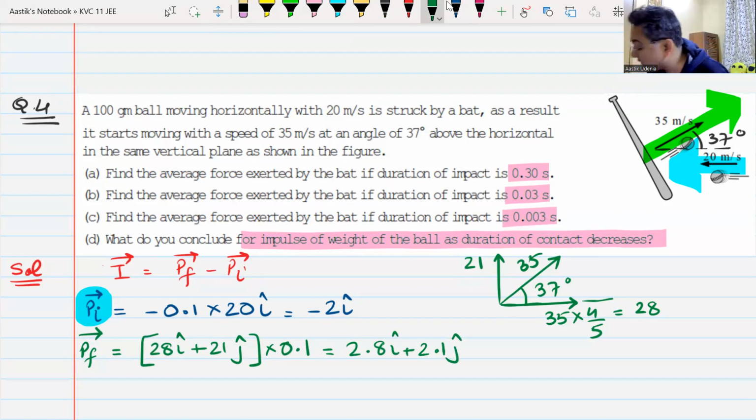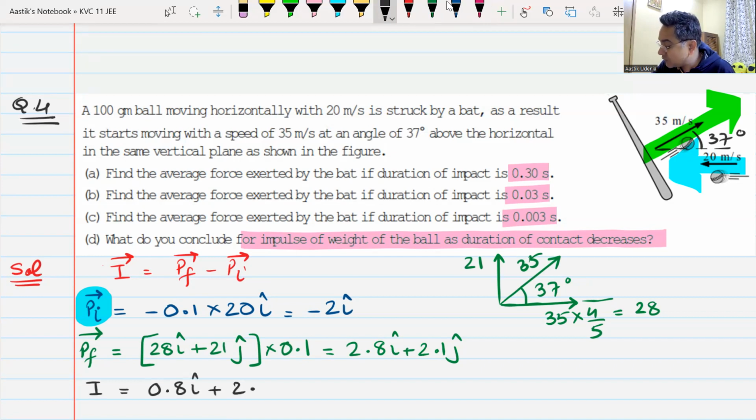So my impulse will be final momentum minus initial momentum. If I subtract the initial momentum from the final momentum, I will get 0.8i plus 2.1j.